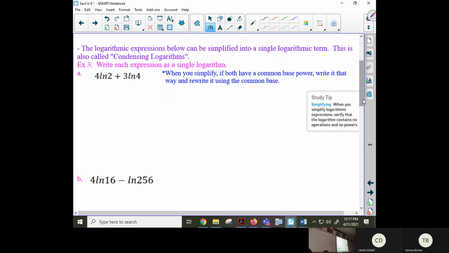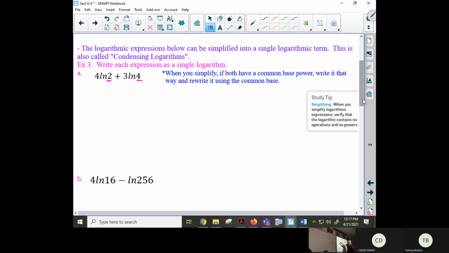When you go to do these, where it says write each expression as a single logarithm, sometimes more than one answer is possible. So what you're going to want to do first, before you start, is look at these two numbers and see if you could write them to a common base.